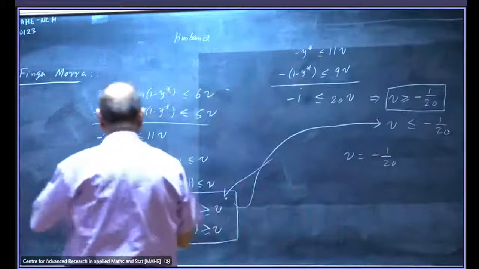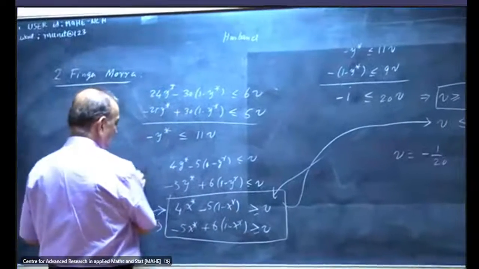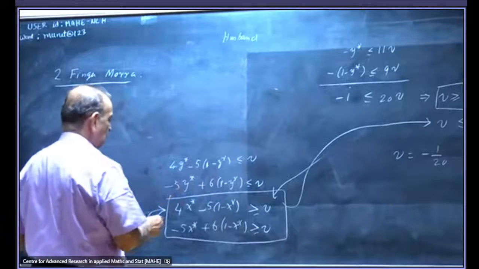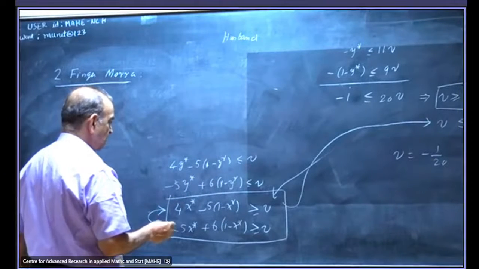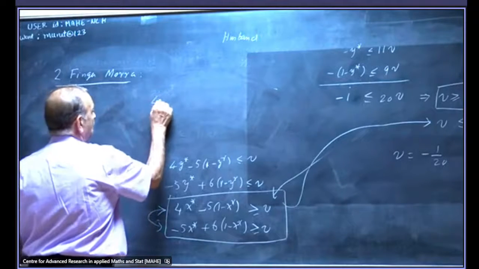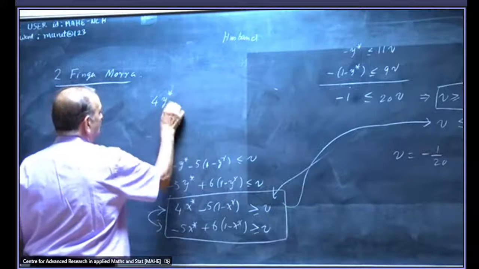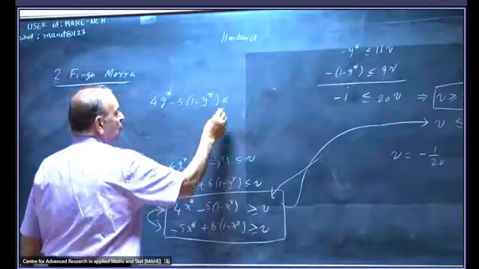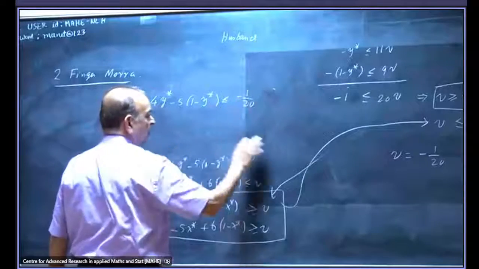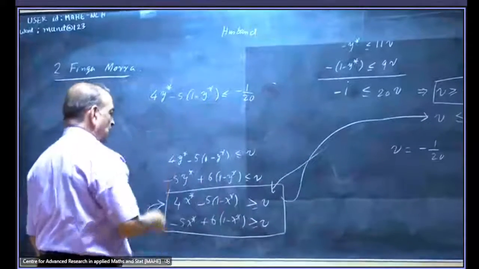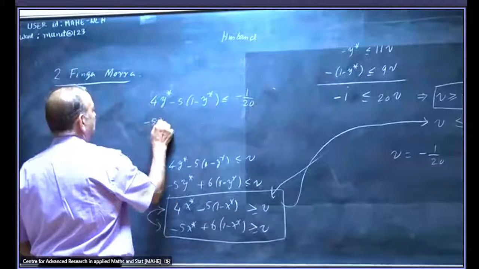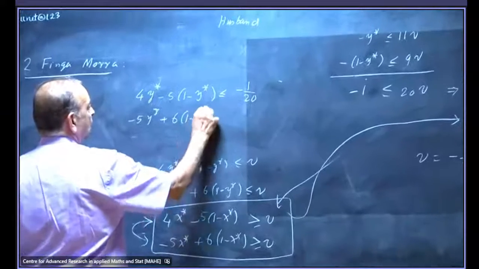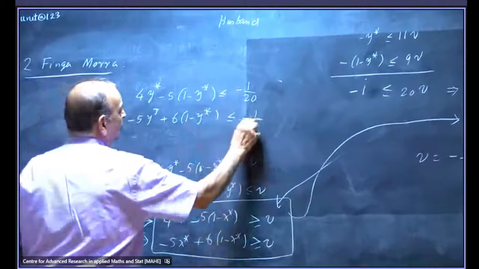Now, let us go back and plug in this. We'll keep only this. 4y star minus 5 times 1 minus y star is less than or equal to minus 1 over 20. b is minus 1 over 20, we already know. This one is minus 5y star plus 6 times 1 minus y star is less than or equal to minus 1 over 20.